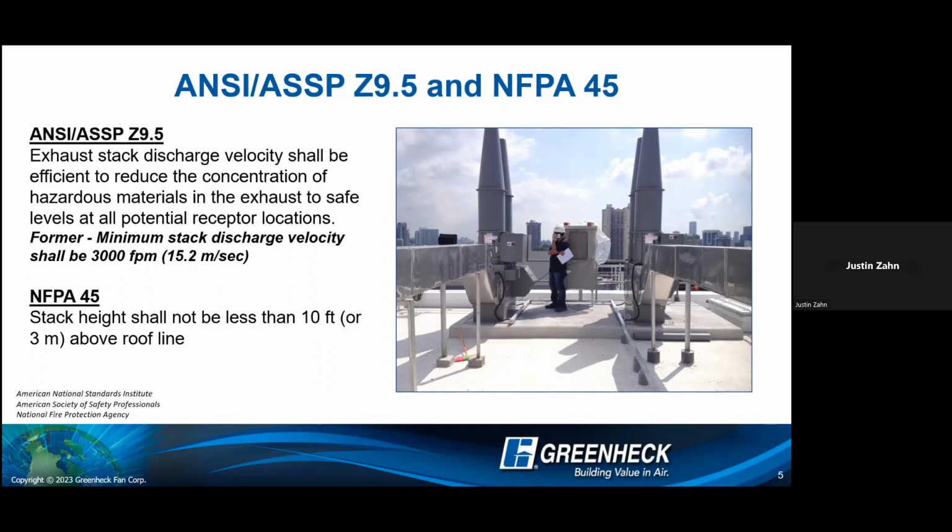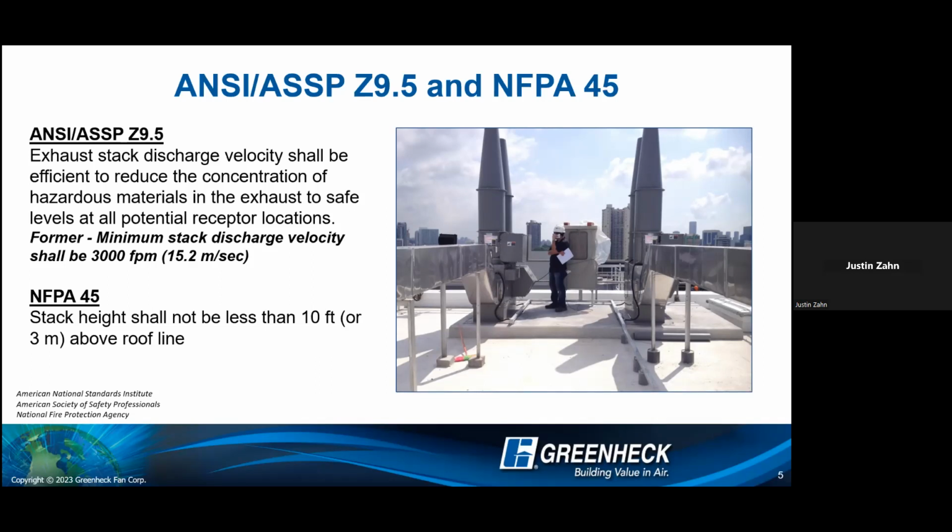That standard, though, has actually now changed in the industry. Now it is up to you or whoever's designing that lab space to determine what velocity you truly need. Like I said, Greenheck, like most manufacturers, we're still going to recommend 3,000 feet per minute or more. Reason being, we know it's safe, we know it works. It's the standard that's been followed for quite some time now.